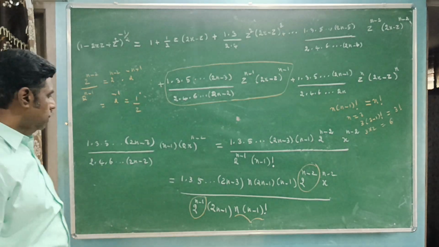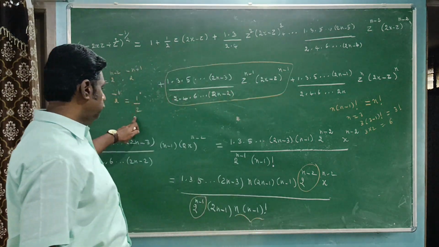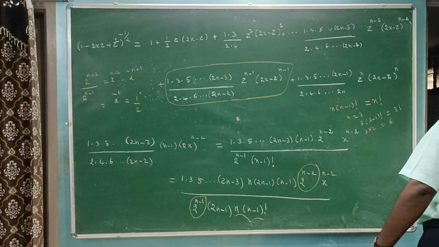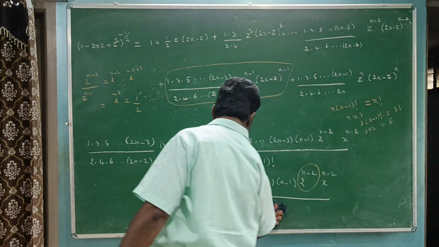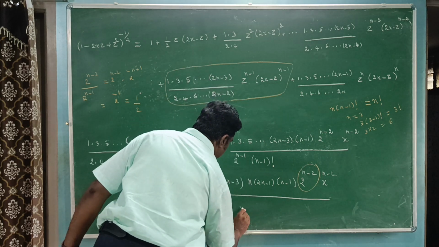Just replace these two terms by 1 by 2. So instead of this term, we may put n factorial. This should be replaced by n factorial.